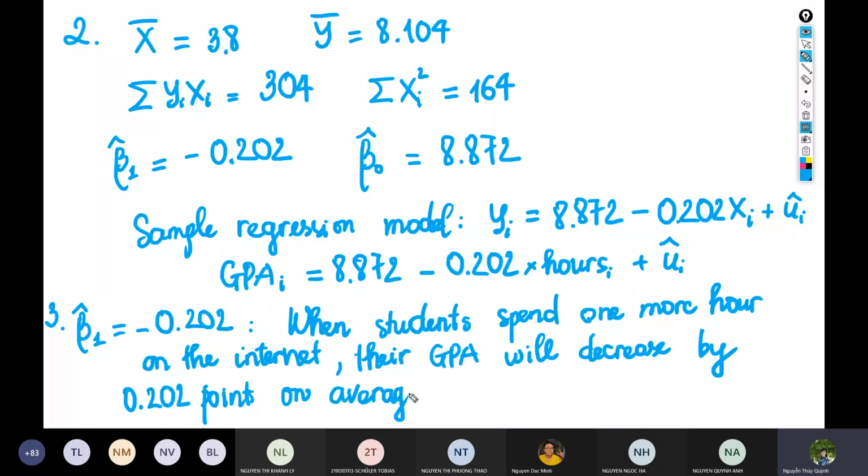Yes. Okay. All right. So this is the meaning of the estimated slope. We estimated the value of the slope and got the result of minus 0.202, and this number suggests that when the students spend 1 more hour on the internet, GPA will decrease by 0.202 points on average.